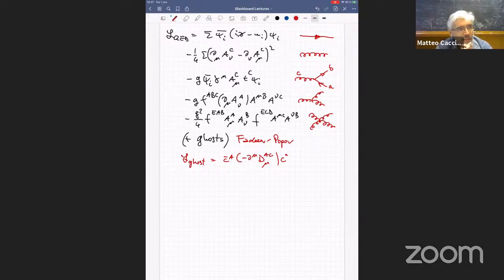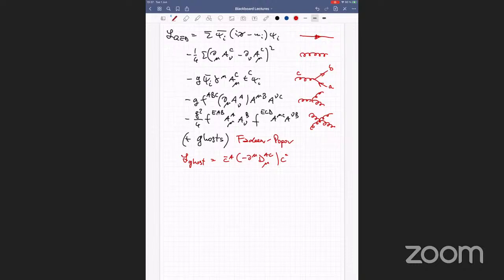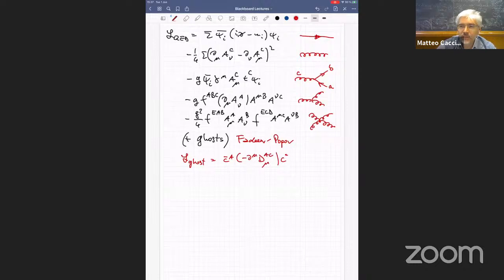On the other hand, there are a number of measurements that fix the color structure of the group, and therefore fix the number of gluons. So it is experimentally checked that, at least for what can be predicted perturbatively, the QCD Lagrangian built on top of SU(3) color, with the 3 quarks in the fundamental representation and the 8 gluons in the adjoint representation, is the right choice.